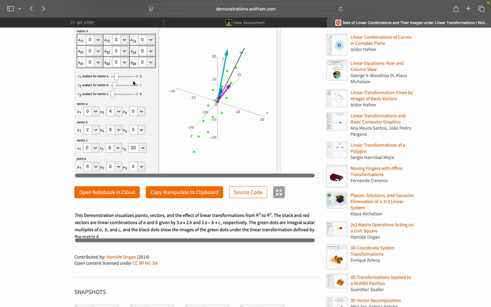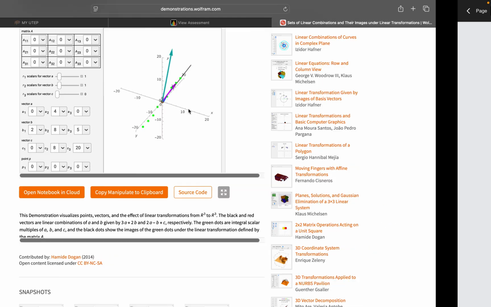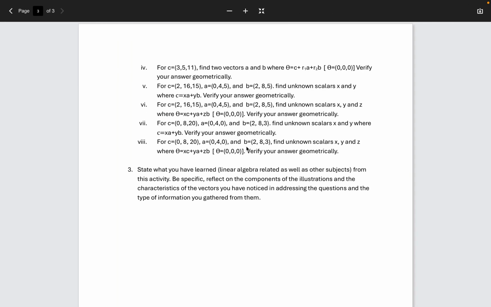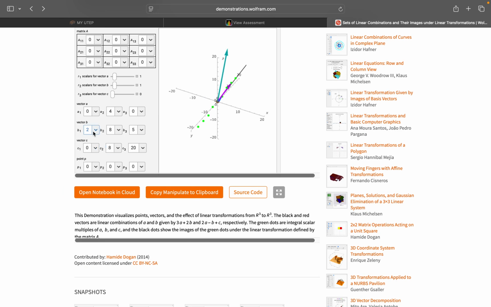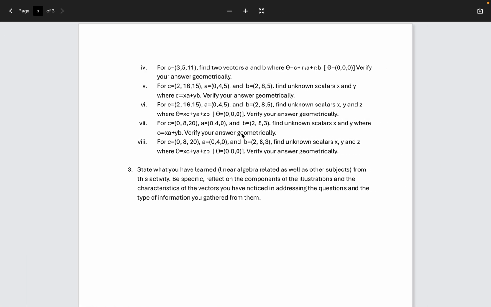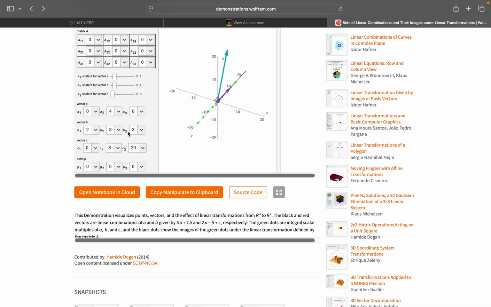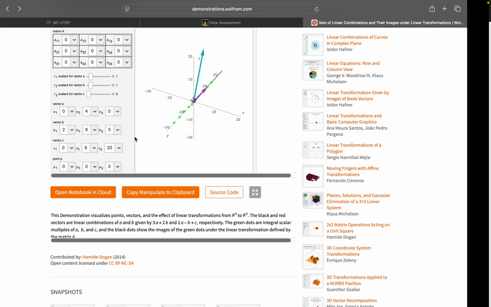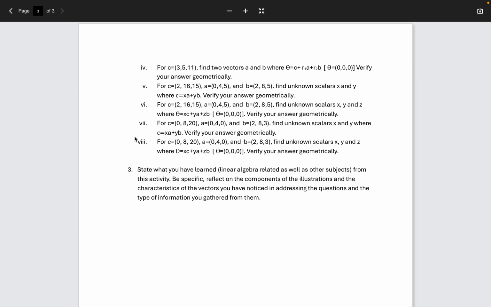Zero, 4, 0. This one back to 1. And 2, 8, 5. For it to be equal to 0, we will have to do this one.